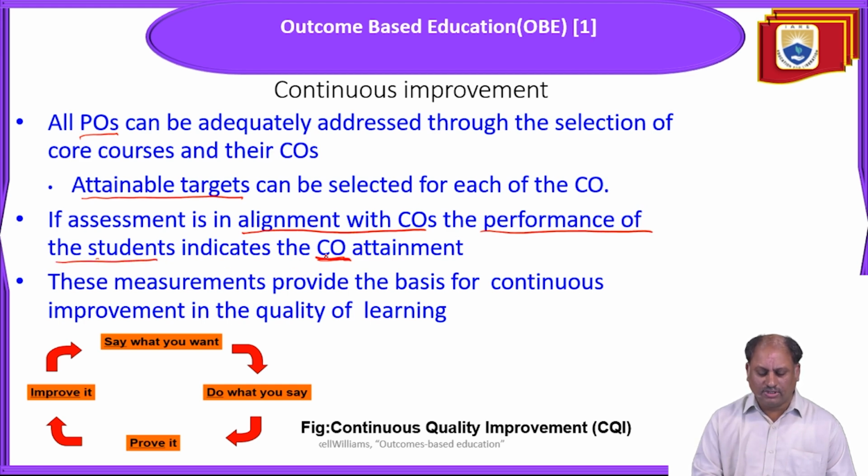That is the particular CO attainment through various forms, exit forms or course survey forms, and direct measures such as quizzes or 80 marks, like that on average. So that is to be considered, and then we have to verify it, and it is to be monitored continuously along with the quality of learning.